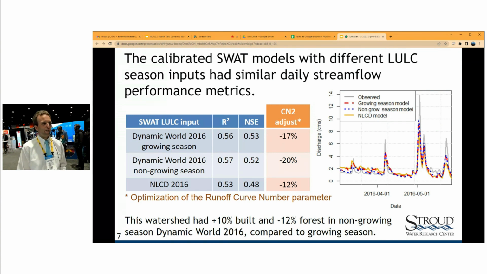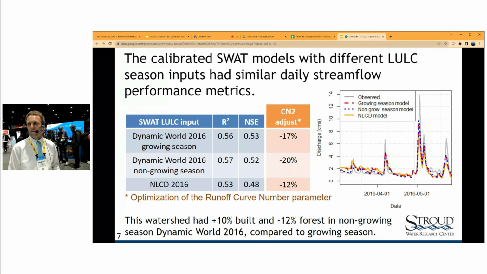The reason these models were able to achieve comparable performance was that each calibration optimized model parameters differently. One parameter, for example, that was optimized differently depending on the land cover input was the runoff curve number parameter, which basically adjusts the SWAT model to simulate more or less runoff during a rainstorm.